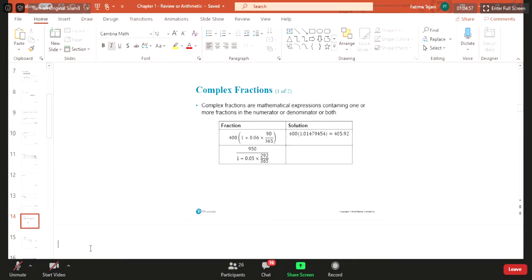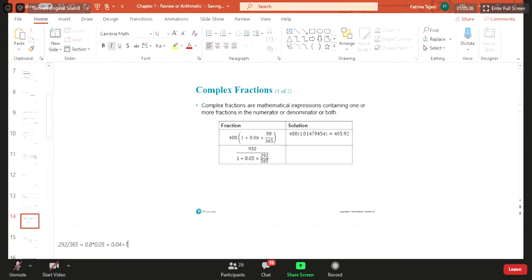So let's do that. 292 divided by 365 is 0.8. 0.8 times 0.05 is 0.04.